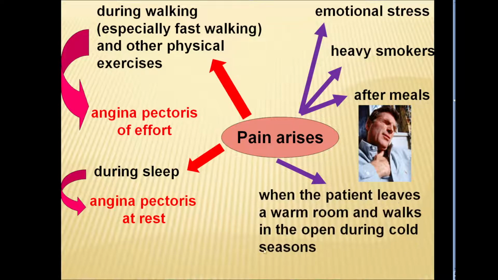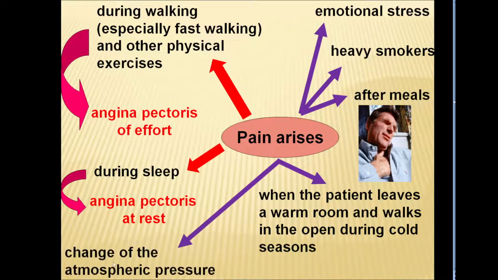Sometimes provoking factors may be connected with seasons, especially intensified during winter when the patient goes out from a warm room onto the cold street. And we must remember about atmospheric pressure. Sometimes you can hear information about increased or decreased atmospheric pressure and more intensive attacks in cardiovascular patients. But first of all, it is physical and emotional overexcitation.